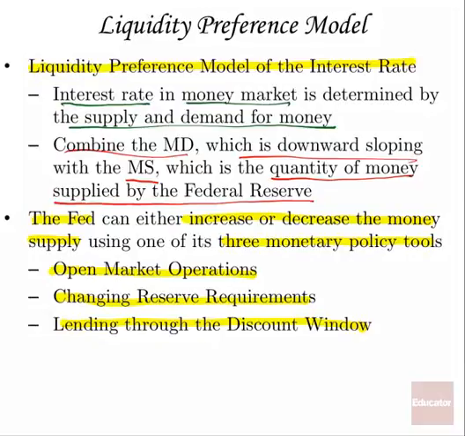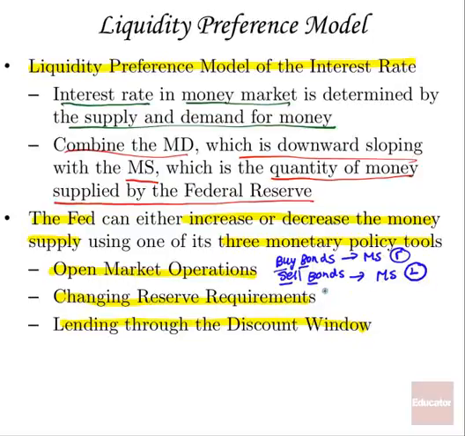When the Fed uses open market operations, for example, if it buys bonds, then the money supply shifts to the right. If it sells bonds, then the money supply shifts to the left. Because buying bonds will increase the money supply, and selling bonds will shrink the money supply.